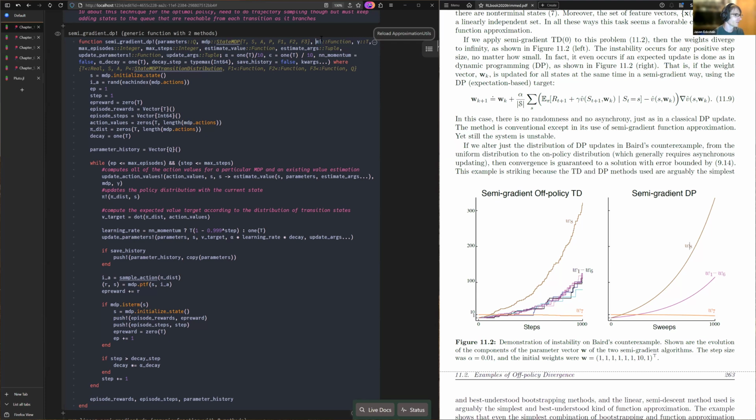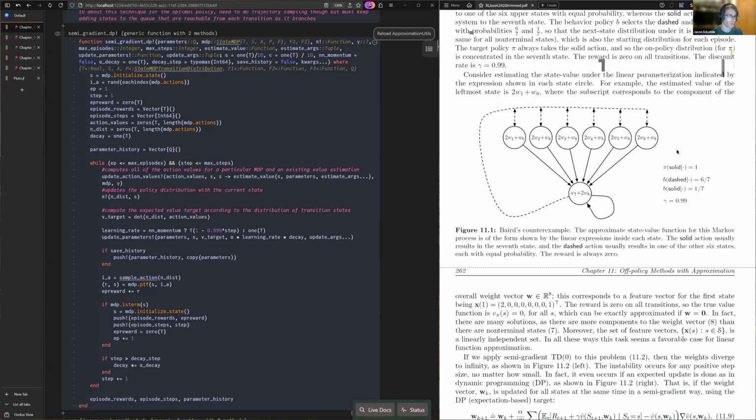So here, this is just some function that we can use to update the probabilities of all of the actions. Remember, for this example, the target policy has one action with 100% probability and the other action is 0, right? And this is the distribution in the behavior policy.